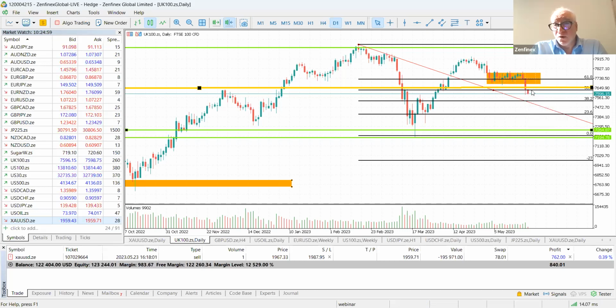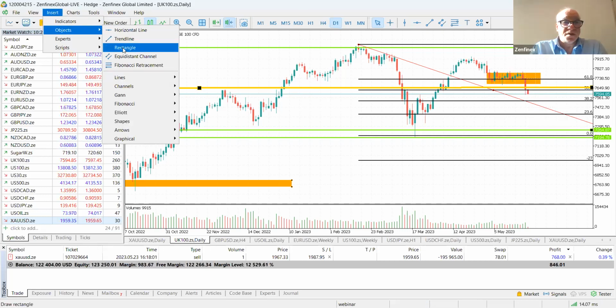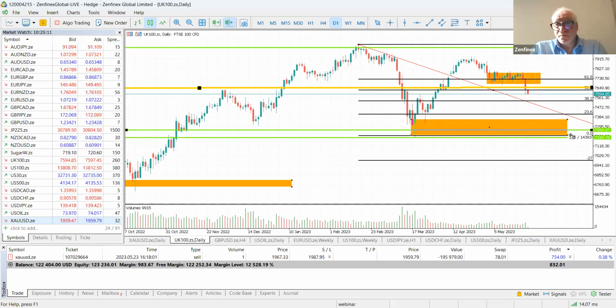It may have a go, retest it, or retest this yellow line here, this level, and then probably come back down to this level if weakness persists, which is really a downward channel, back into retesting this area here.